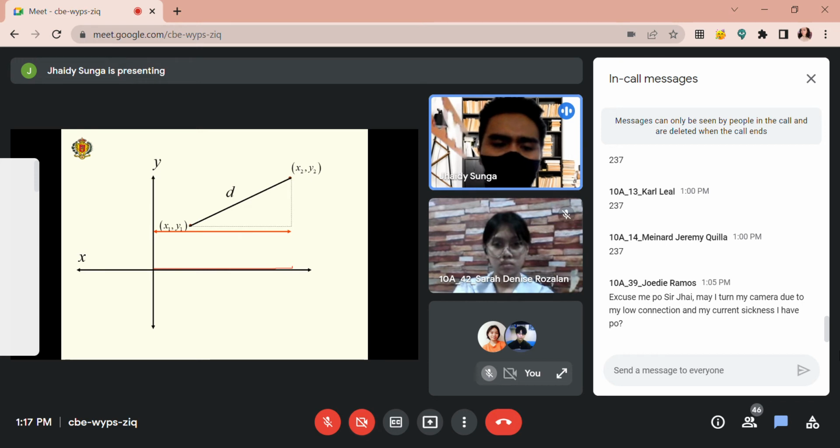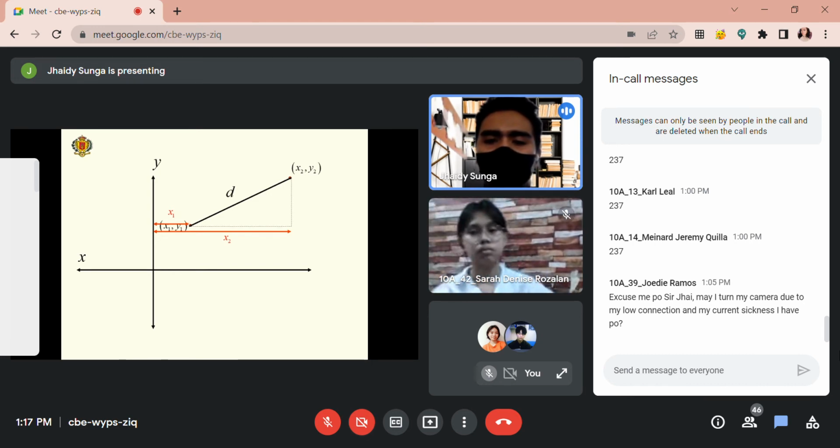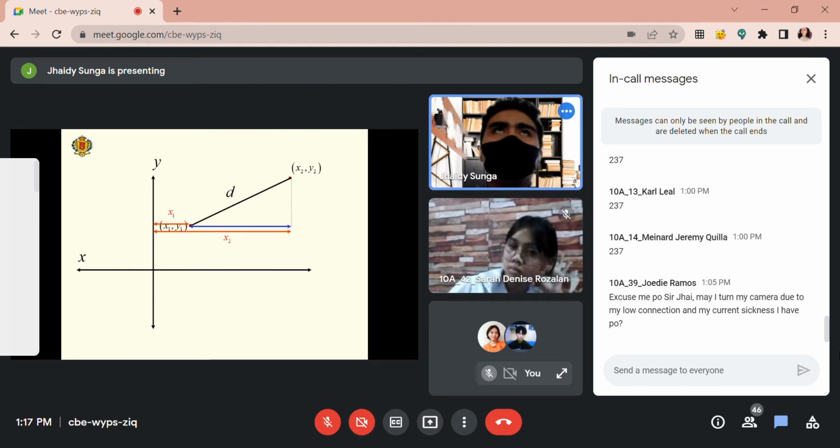So this is the value of x sub 2, and this one is the value of x sub 1. In order for us to get this line, we then have the change of values. How are we going to deal with change of values?